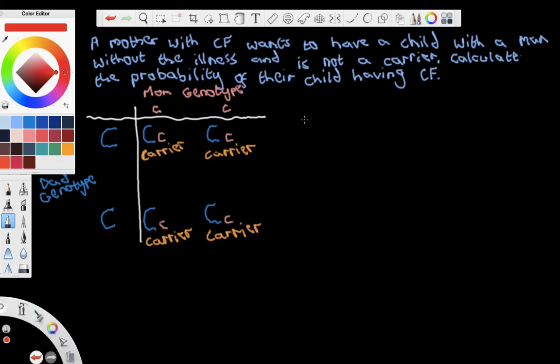So when I'm doing this, what I'm doing is I know that mom is homozygous recessive. Dad must be homozygous dominant.